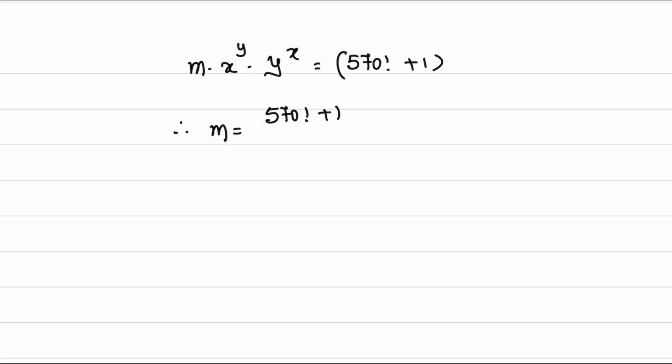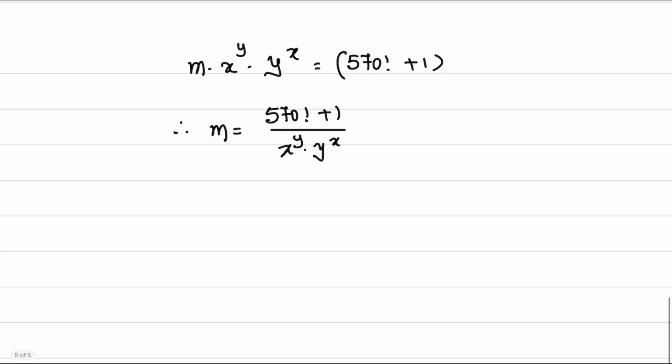M into x to the power of y into y to the power of x is equal to 570 factorial plus 1. Therefore, m is equal to 570 factorial plus 1 by x to the power of y into y to the power of x.